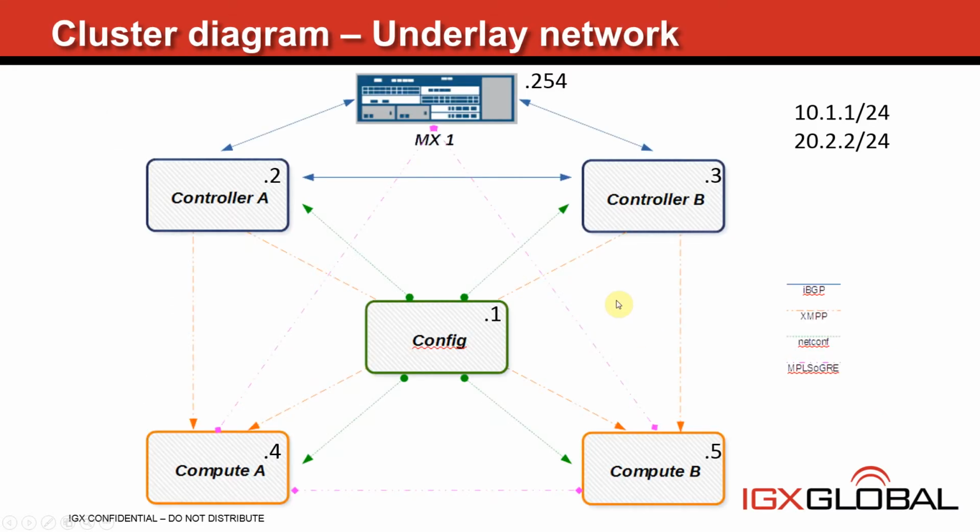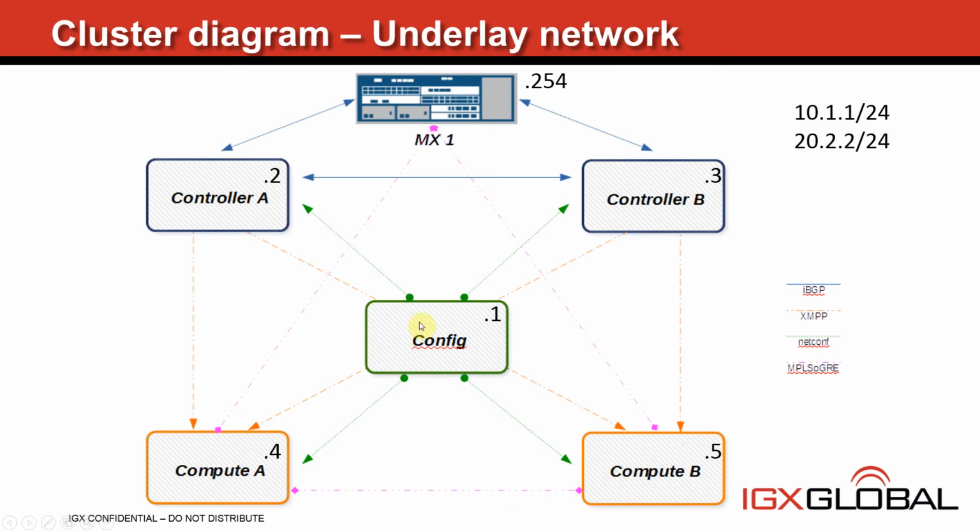Grabbing that, what I said before, we have our MX gateway. This is one cluster, and this is my underlay network for that specific cluster. I have my 2 control nodes. They are running iBGP between them towards the gateway as well. I'll have my 2 compute nodes here. They are running the vRouters, and they create MPLS over GRE tunnels between them and towards my gateway.